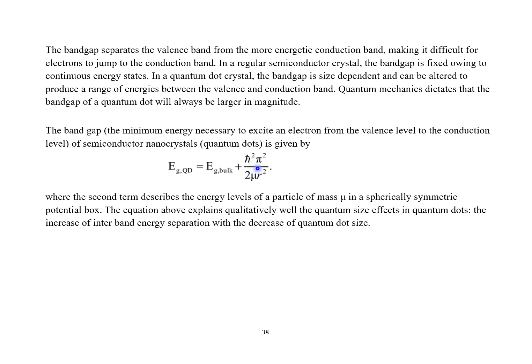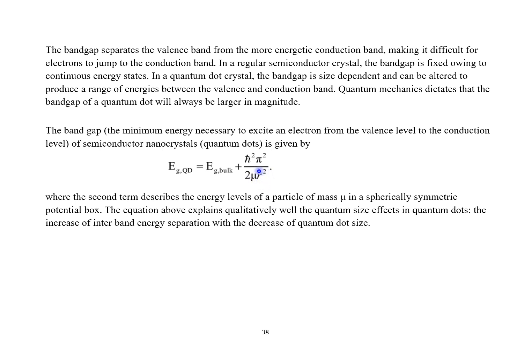ħ²π² divided by 2μr², where the second term describes the energy levels of a particle of mass μ in a spherically symmetric potential box. So here r is the size and μ is the mass of the particles.